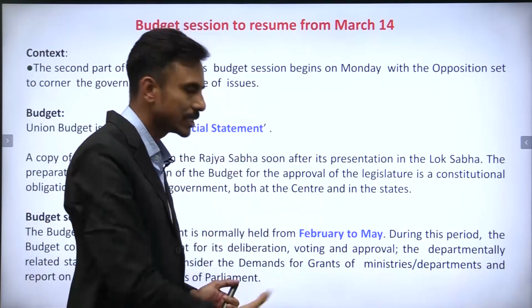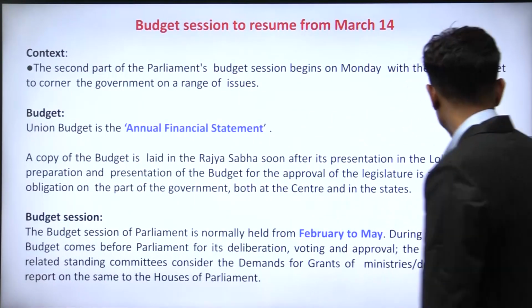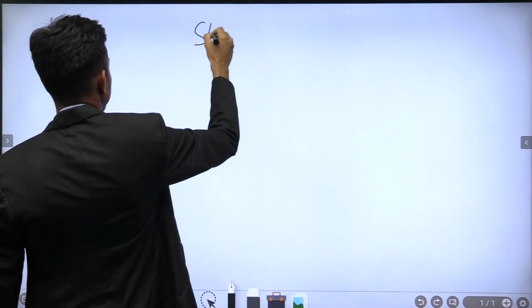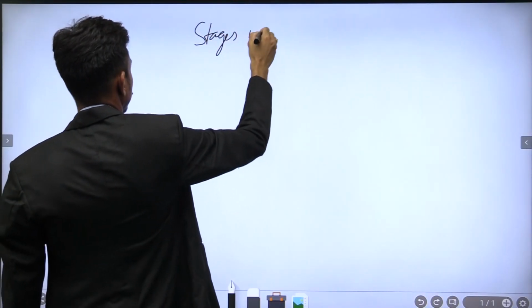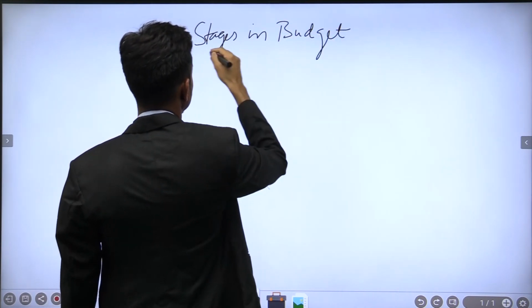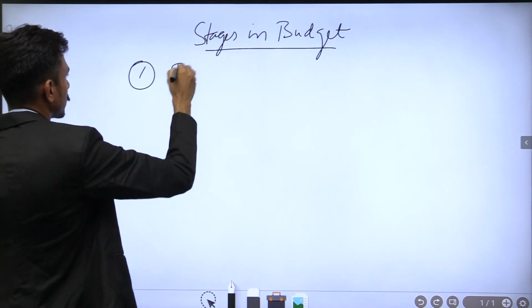Now, there are many stages in the budget. I'll just mention here. Stages in budget. The first stage is definitely the budget presentation.